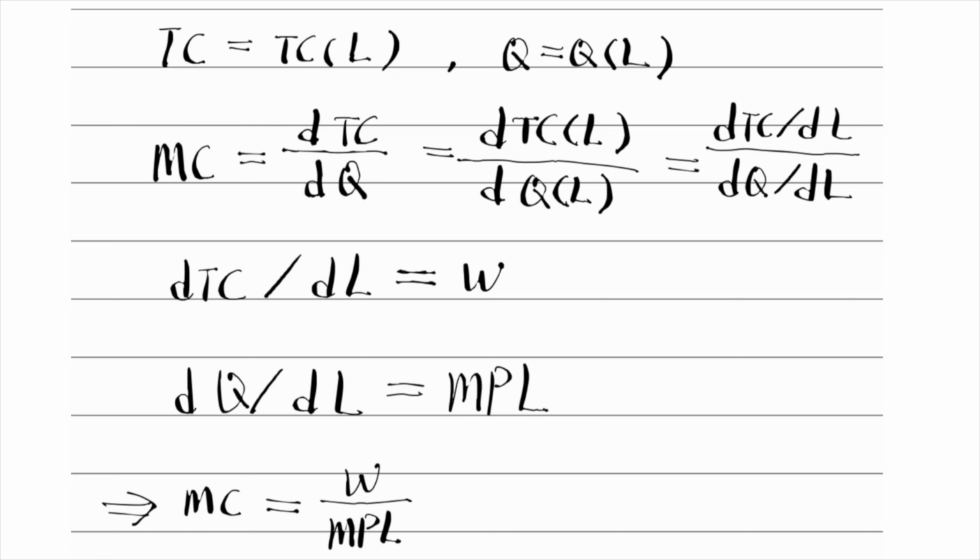The equation shows that the marginal cost of output moves in the opposite direction to that of the marginal product of labor. The marginal product of labor first rises and then falls, while the marginal cost of output first falls and then rises.